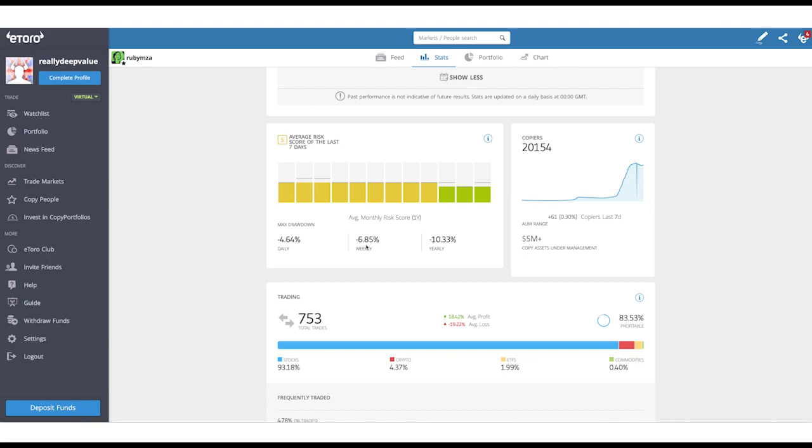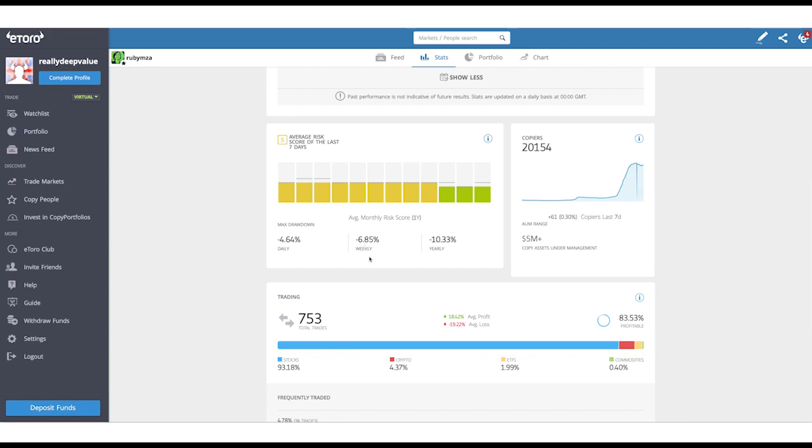So if you're doing a stop loss at 95, so if it falls below 95% of the value, let's say if it falls below $950, because you're going to put 1,000 behind this particular person, then you stop copying them. So there's a very high chance that's going to happen, because on the weekly view they fall more than that, minus 6.